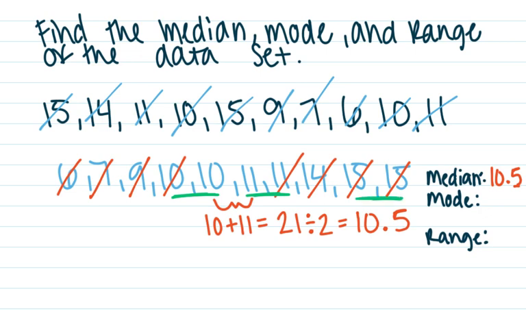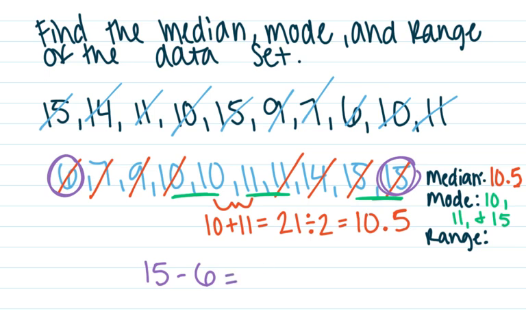So I actually have 3 modes this time, 10, 11, and 15. My range is going to be the biggest number minus the smallest number, so 15 minus 6. 15 minus 6 is 9, so my range is going to be 9. So there's all of my measures that I need to find for this problem.